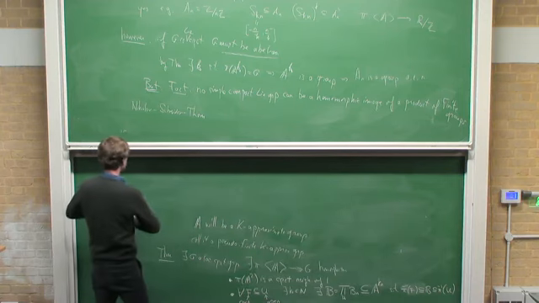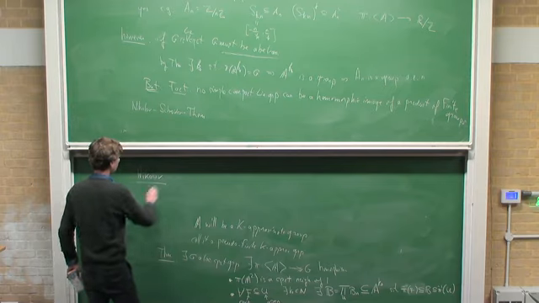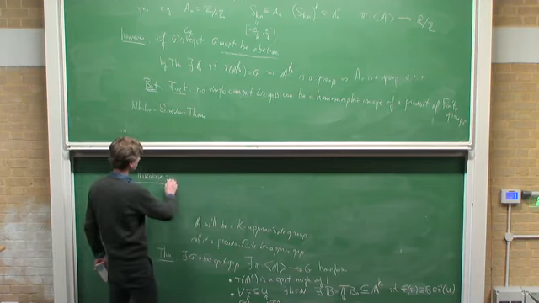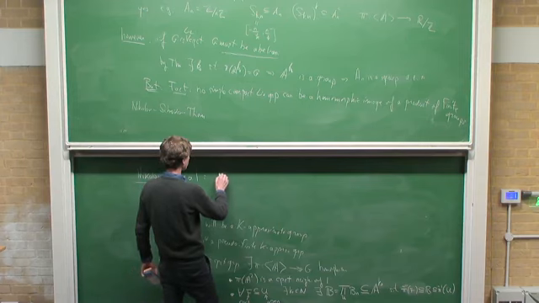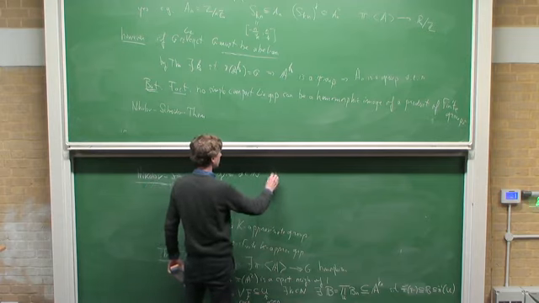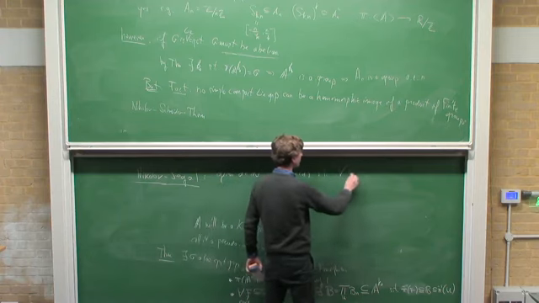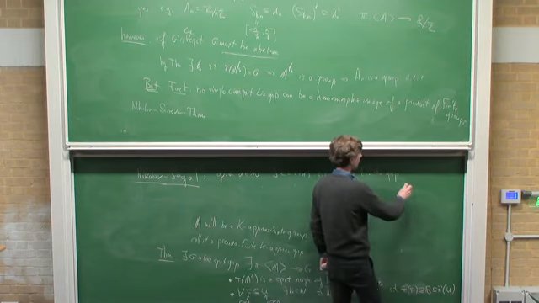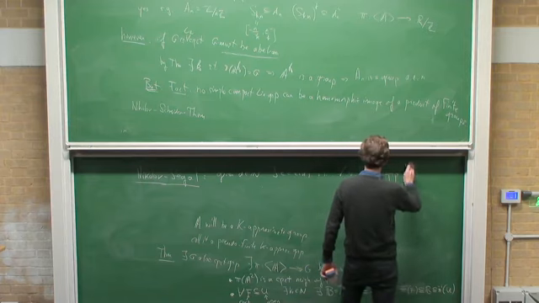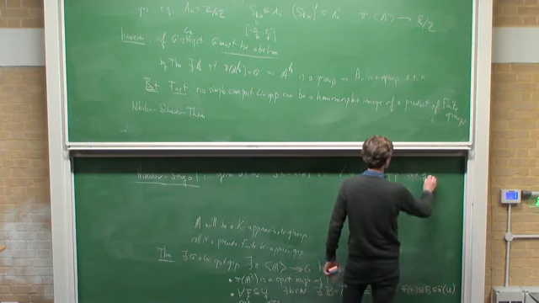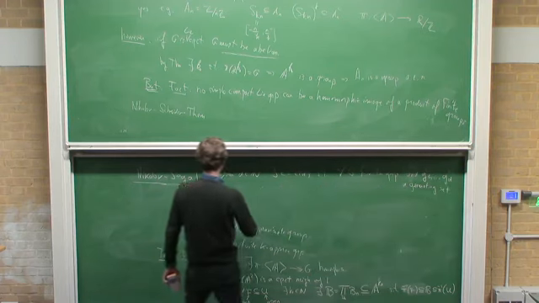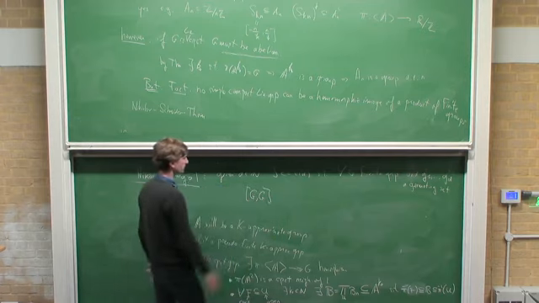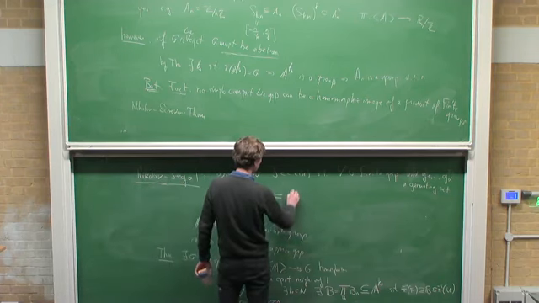So one of the things that Nikolov and Segal show in their work on words and word maps is this: given an integer d, there is an integer e, so that for every finite d-generated group G, with G1 through Gd a generating set, the entire commutator group, so every product of commutators, can be written as a product of boundedly many commutators.